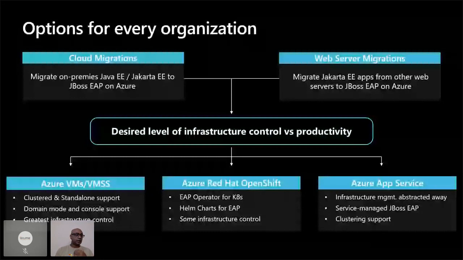And if that happens, you can call Microsoft Azure support and get support for your issue, get troubleshooting or whatever else is going on. Similarly, you may run into issues with JBoss EAP. And if you do, you have a JBoss EAP subscription, you're entitled to support. You can call Red Hat and get support from them.